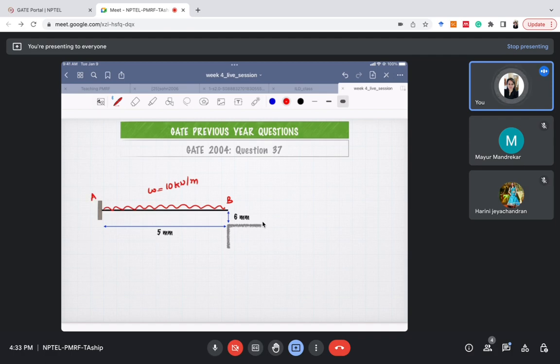Let's call the ends A and B. What is the value of delta B? According to the standard deflection formula, delta B is WL^4 by 8EI.